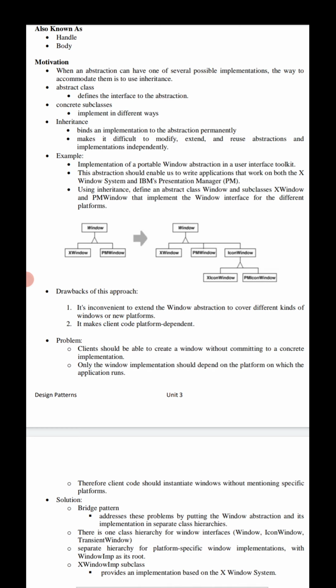We need to extend the window abstraction to cover different kinds of windows or new platforms. Imagine an IconWindow, a subclass of Window. Listen carefully, look at the diagram here.